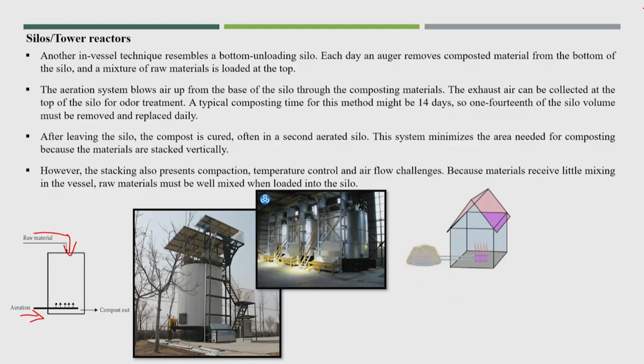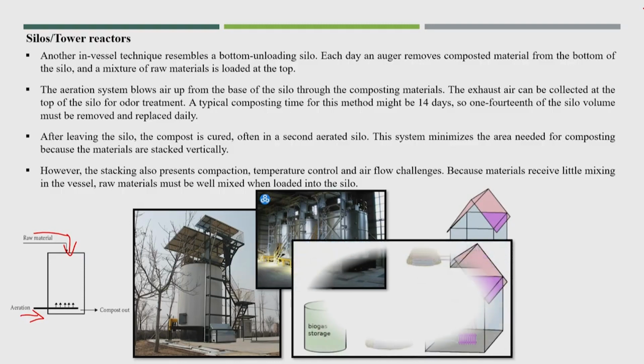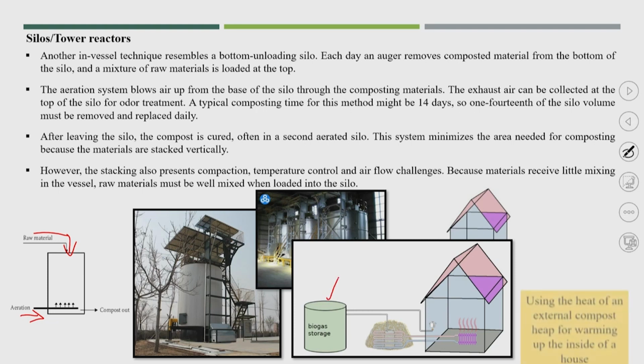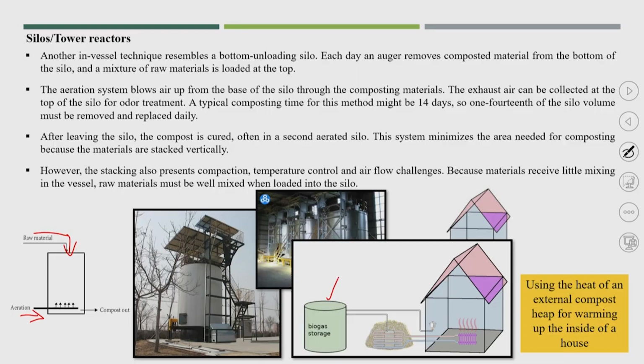Whatever energy is also being produced, it is also possible to use that for the biogas reactor. Okay. Using the heat of an external compost heap for warming up the inside of the house is also possible.